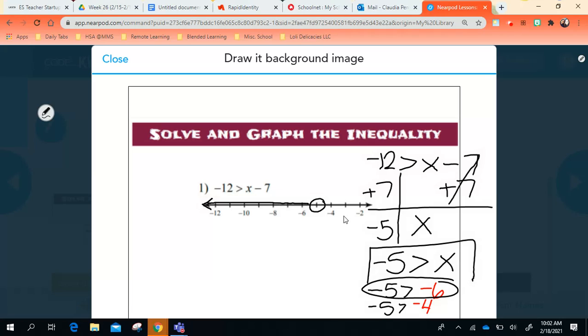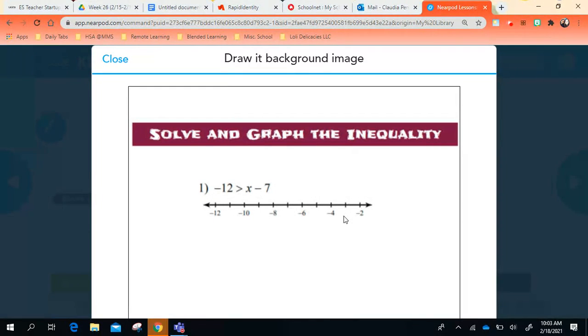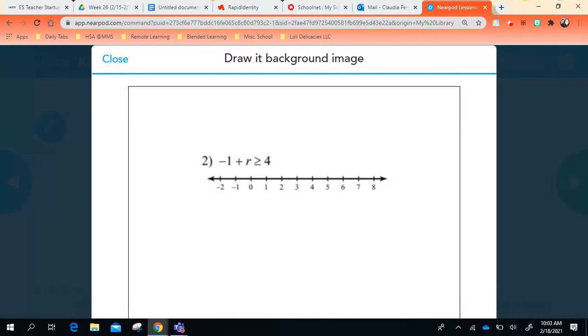I'm going to give you another one that you're going to try on your own. Go ahead and solve this one: -1 plus r is greater than or equal to 4. Do it in your notebooks because you're going to want an example, and then you can transfer it to the computer.